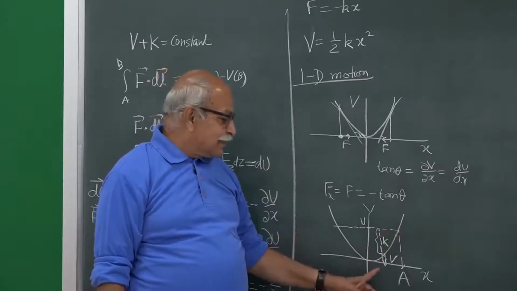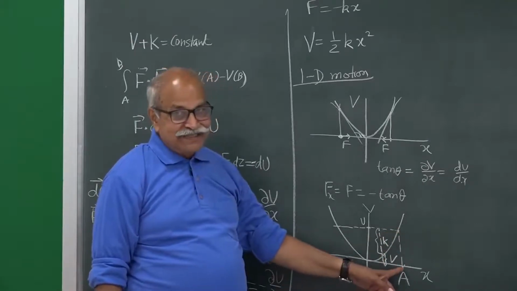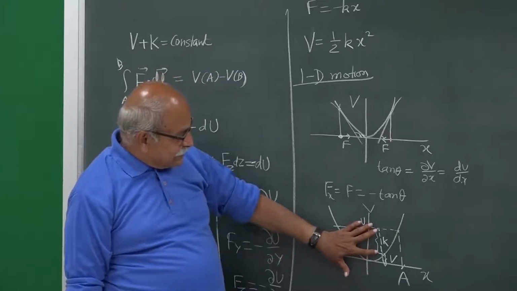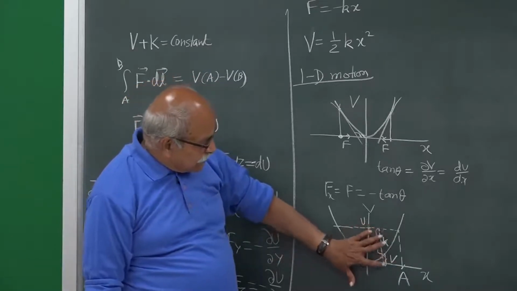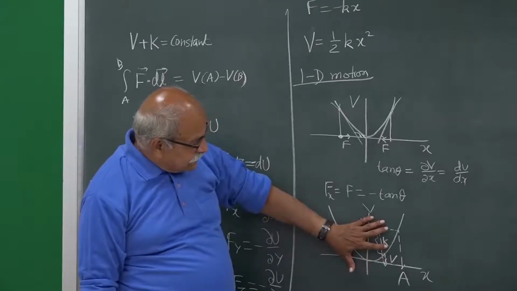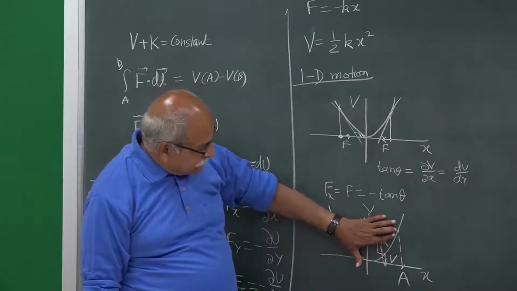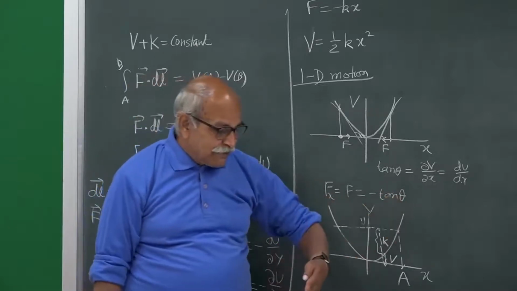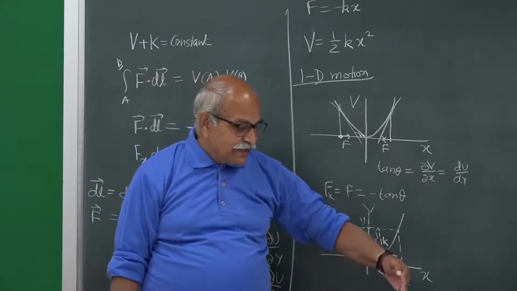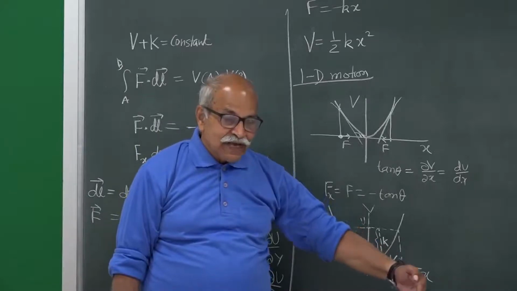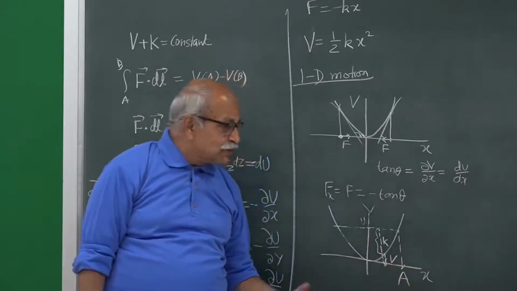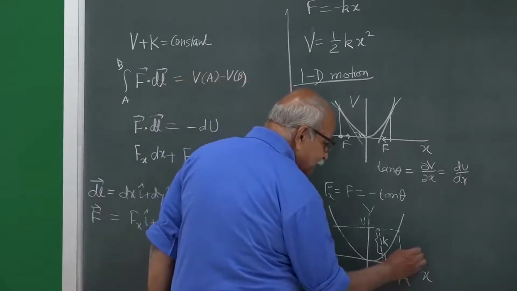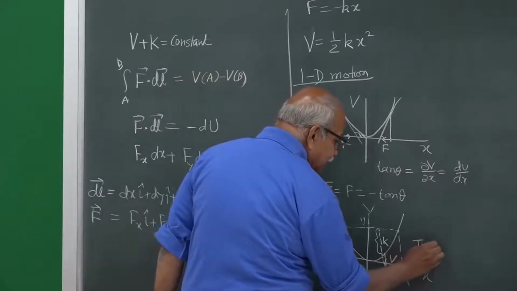So, the particle comes to rest at this position. Here this much was kinetic energy, then as it moved to the right, kinetic energy decreased, further decreased, and finally it became 0. So, the particle is going away, slowing down, and then it comes to rest, and then it turns back because the force is there. So, this is the turning point.